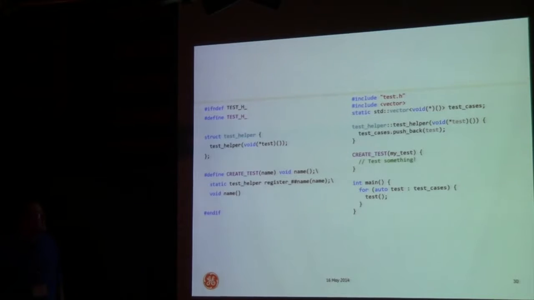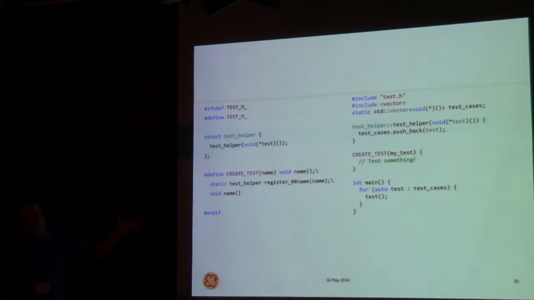And on the right, I actually have the body for the constructor. I have my unit test. I still have main, and I have the container for my test cases.